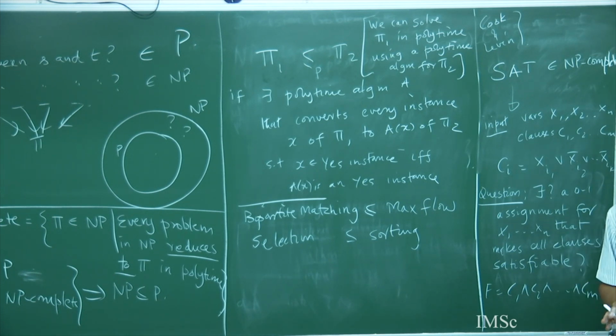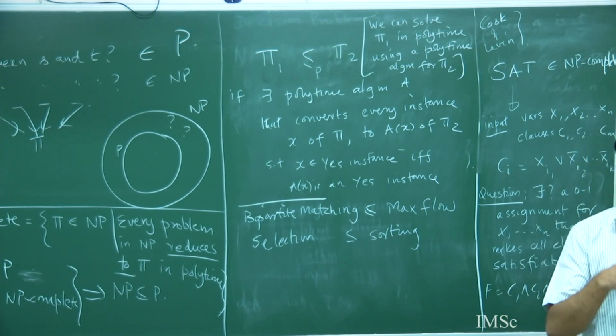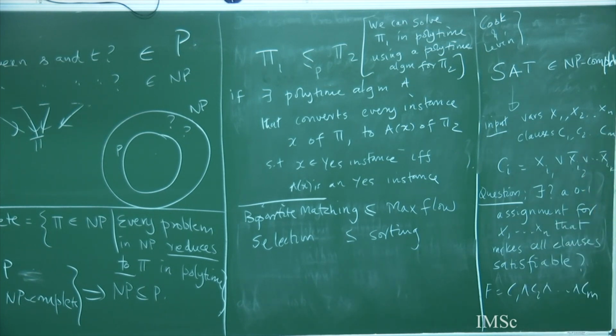Okay, so is the problem clear? It is satisfiability, a problem in Boolean logic which has variables and a collection of clauses. Can you simultaneously satisfy all the clauses by setting the variables to 0 and 1?